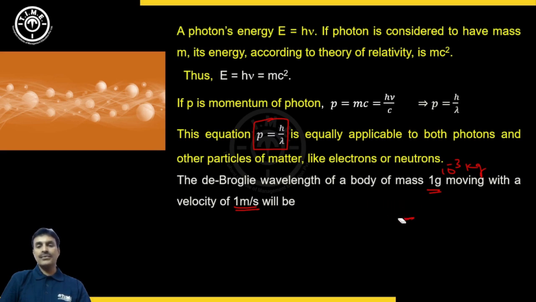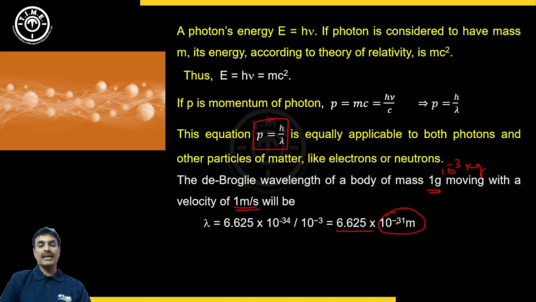Substituting the values of h and m, as v is anyway 1 unit, 6.625 into 10 power minus 34 is the h value by mass 10 power minus 3. That comes out to be 6.625 into 10 power minus 31 meter. See, this value, 10 power minus 31 meter, is very, very small, right?